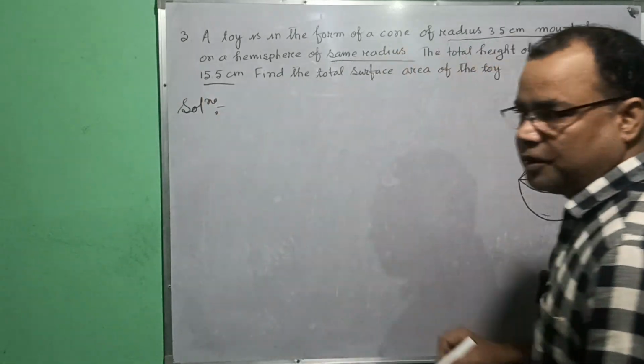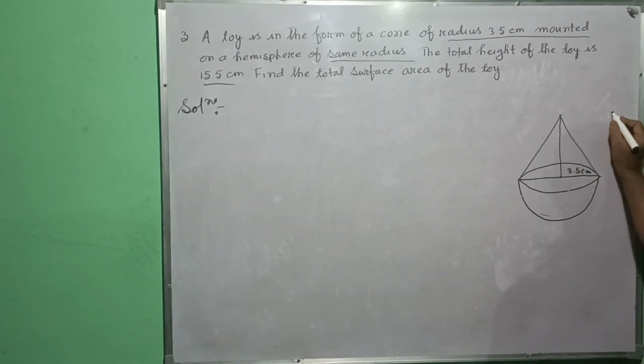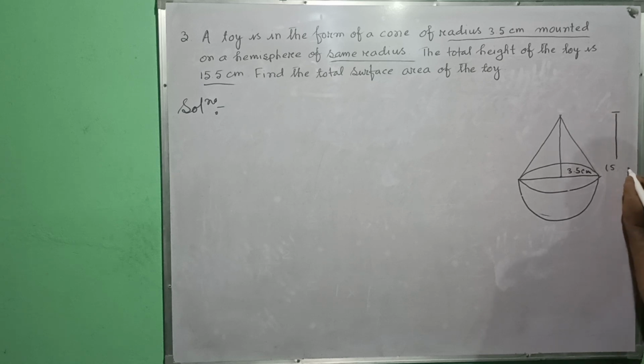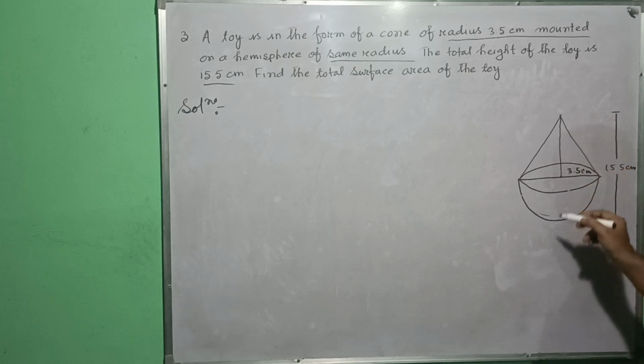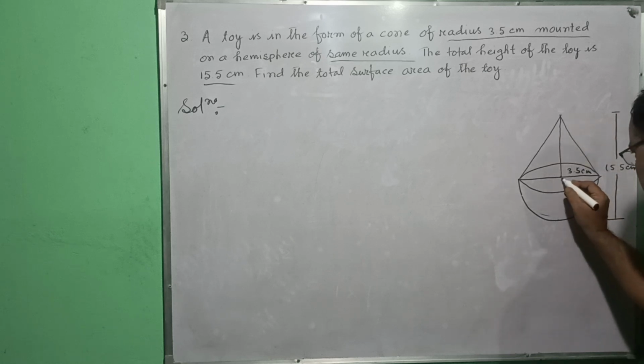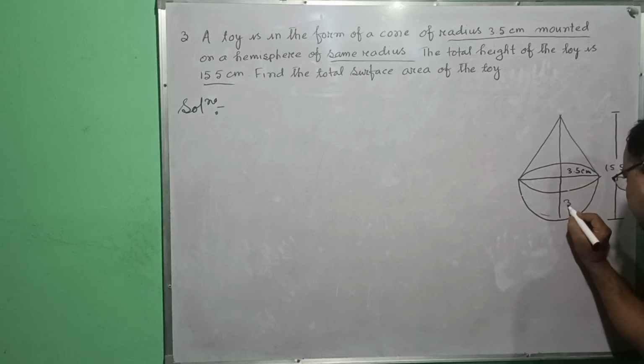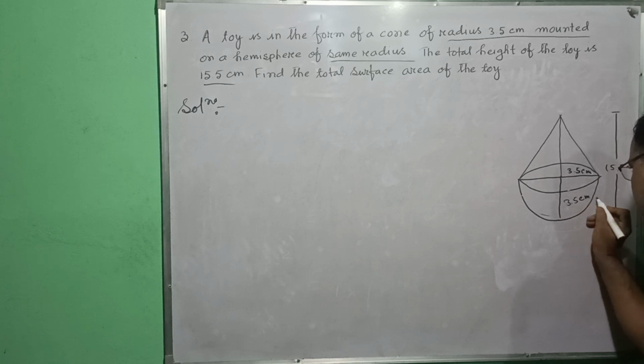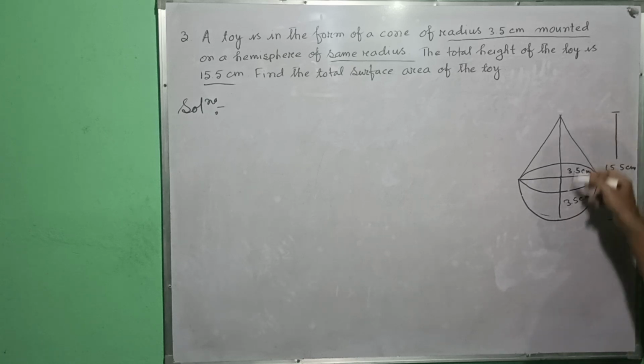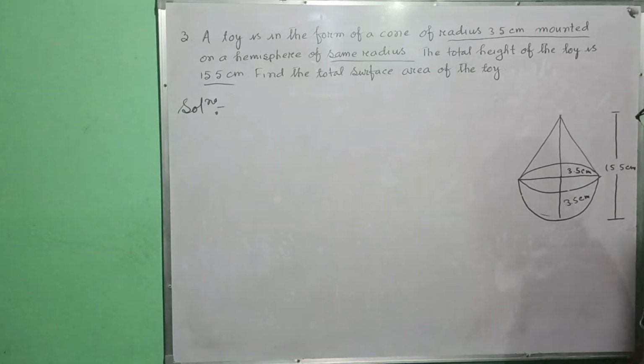From here up to this level is 15.5 centimeter, the total height. From here we can get the height of the cone, because this is also the radius of the sphere, and that one is also 3.5 centimeter. So by subtracting 3.5 centimeter from the total height, we can get the height of the cone.